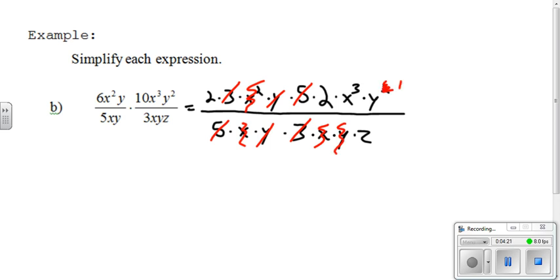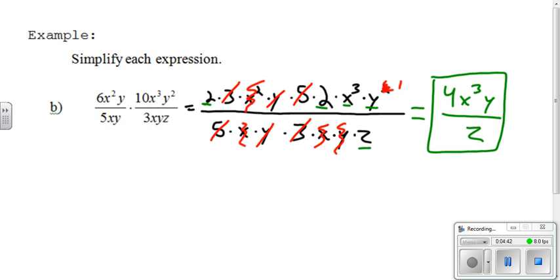It'll just be y to the 1 now. And it looks like that's all the dividing out that we can do. So we still have 2, x cubed and y to the 1. 2 times 2 is 4, x cubed y over, the only thing left on bottom is z. So our most simplified version is 4 x cubed y over z.